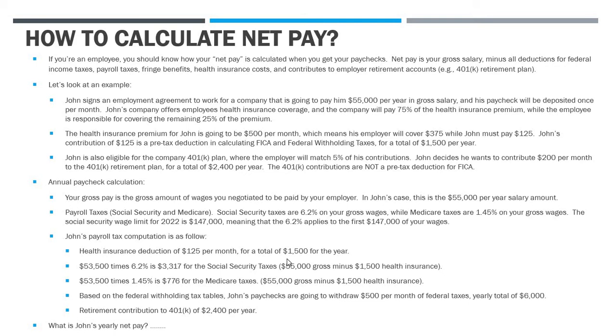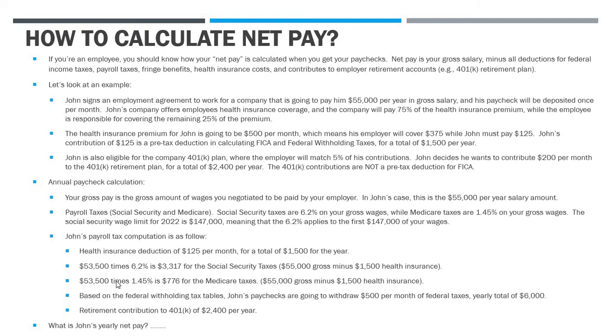Now, the reason why this is important as a starting point, because again, you don't pay Social Security taxes or Medicare taxes on any kind of pre-tax deductions for health insurance premiums. So when we look at his Social Security tax computation here, 6.2%, we're multiplying it by 53,500. Okay, because his gross pay is 55,000.